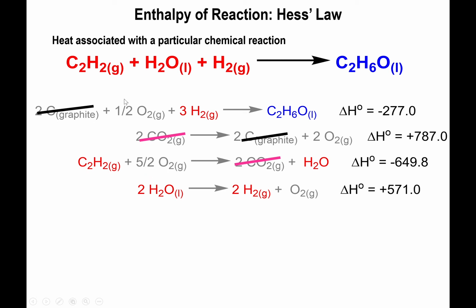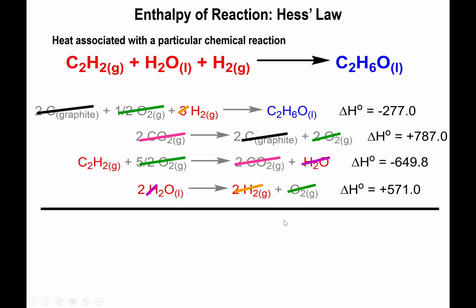So 5 halves plus 1 half is the same as 6 halves, or 3 oxygens. And on the other side you have 2 plus 1 dioxygen, so they all cancel out. And lastly, you have 3 dihydrogens and 2 dihydrogens, which partially cancel out to give you 1 leftover dihydrogen. You have 2 waters on the left side and 1 water on the right side, so they also partially cancel out to give you 1 water left over.